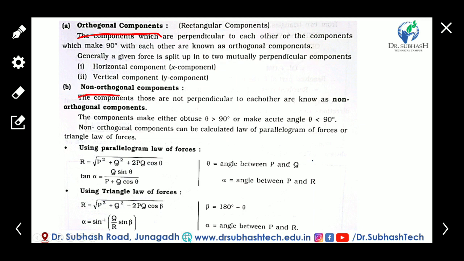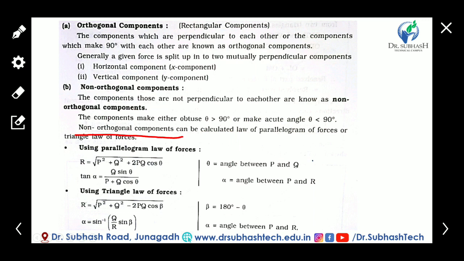Non-orthogonal components are those which are not perpendicular to each other. Non-orthogonal components make an angle less than or greater than 90 degrees.